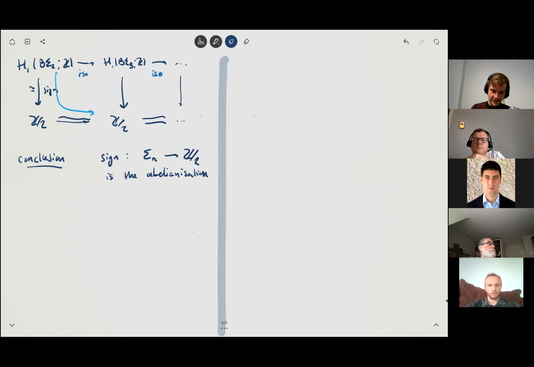Okay, which you can also rephrase as the commutator subgroup, so the subgroup of the symmetric group generated by commutators, is equal to the kernel of the sign homomorphism, which is the alternating group. So we've proven in a very complicated way that the alternating group is the commutator subgroup of the symmetric group using homological stability.